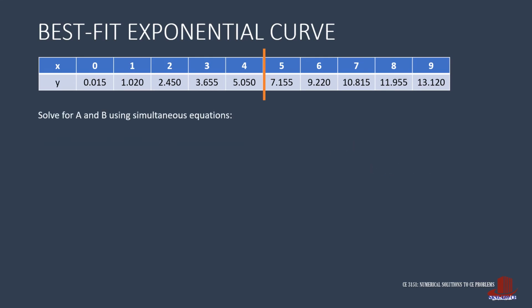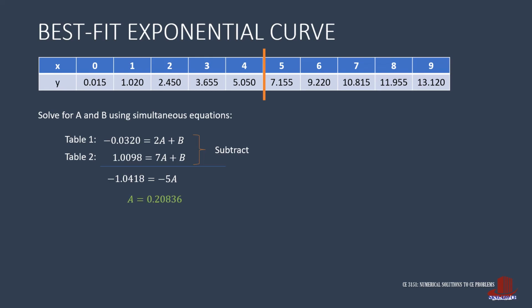With the two equations already generated, solve them simultaneously through your calculator, or just subtract them to have negative 1.0418 equal to negative 5a, where a is then solved as 0.20836. This is capital A.